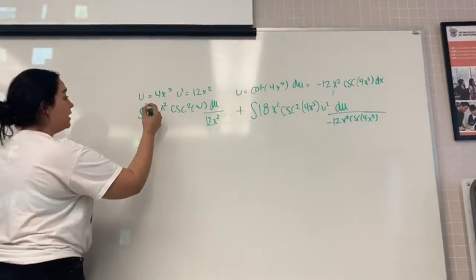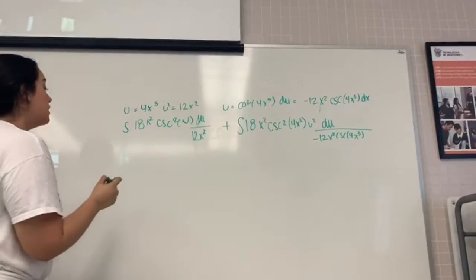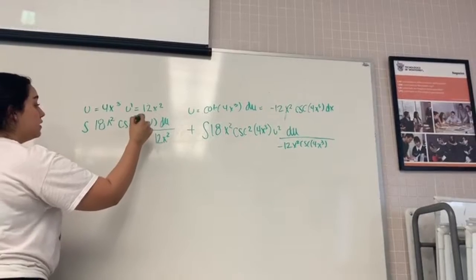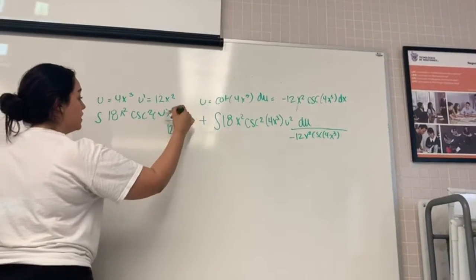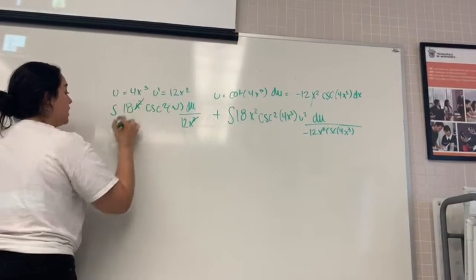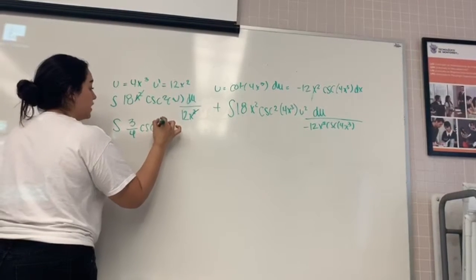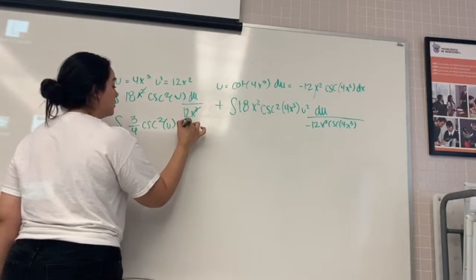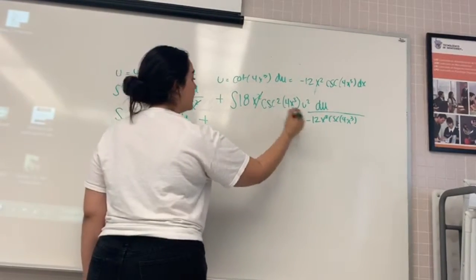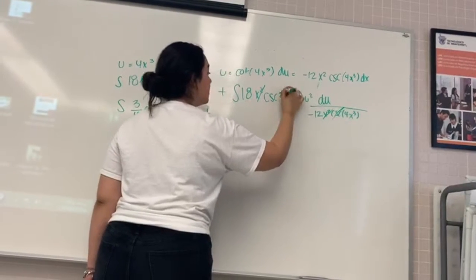After getting your u and your u prime, your u and your du, you're going to plug in. So you had 18x squared cosecant squared of u, times du over 12x squared. Now you simplify, and you will get 3/2 cosecant squared of u du plus, and then you simplify, the negative, and you can cross this one out too.